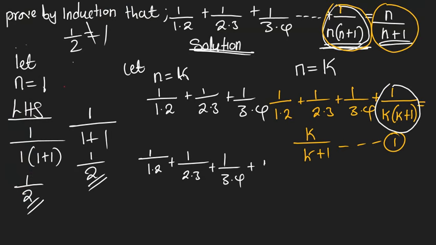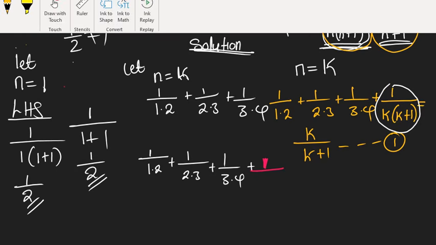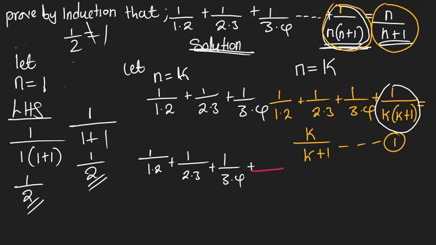The one I'm going to write in this color is what I've maintained. So it's going to be 1 over k, then k plus 1.